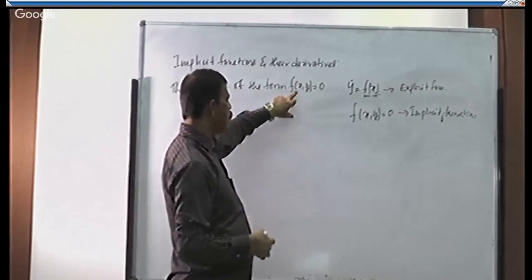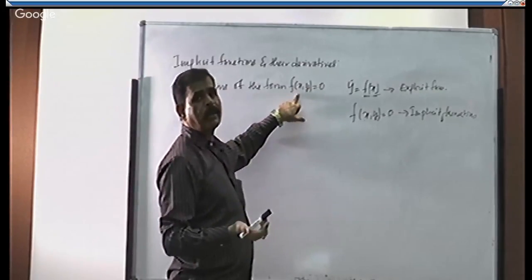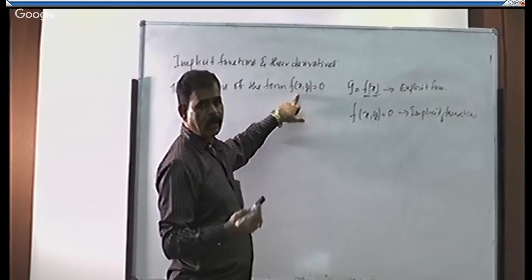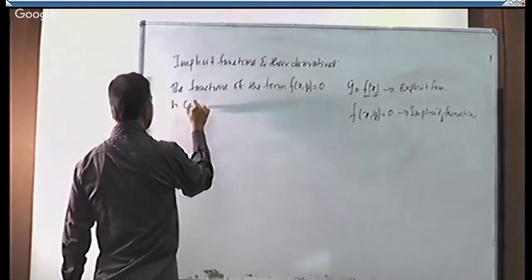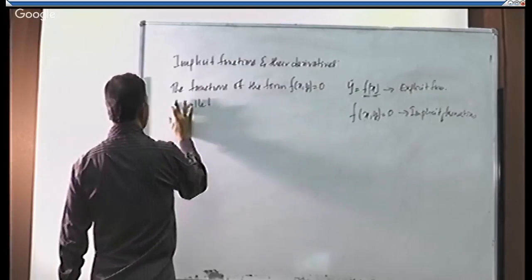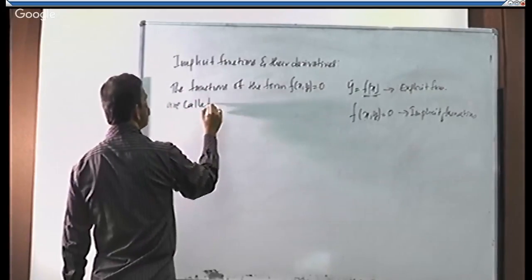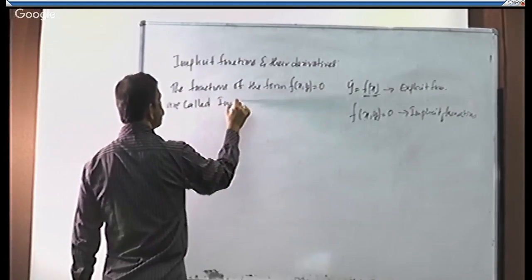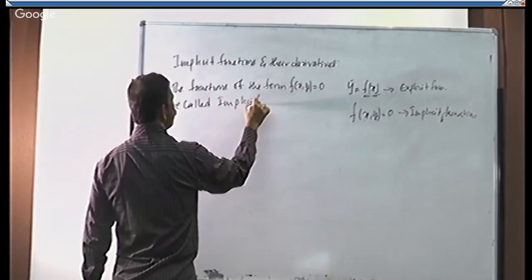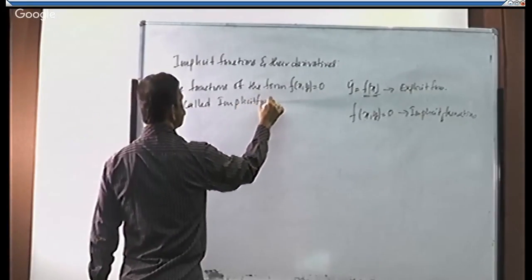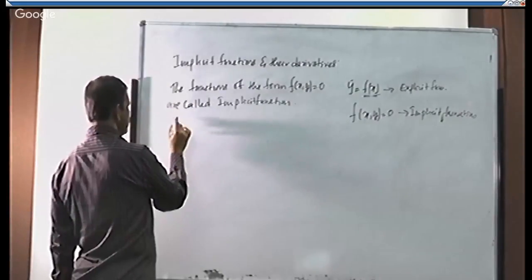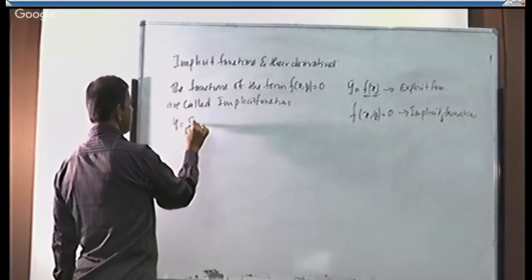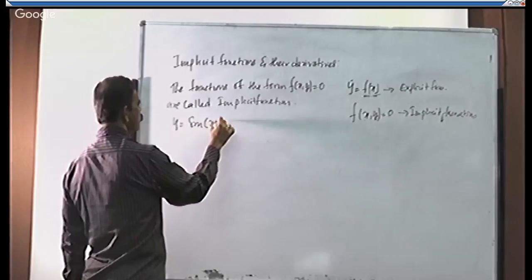You may have more than one y or x like that. Are called implicit functions. See the example. Y is equal to sine of x plus y.